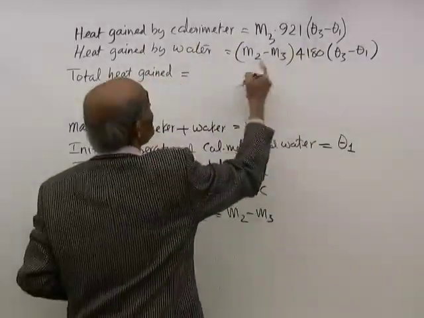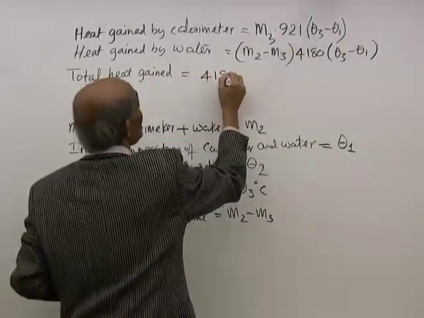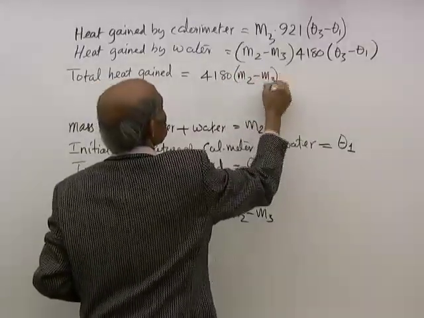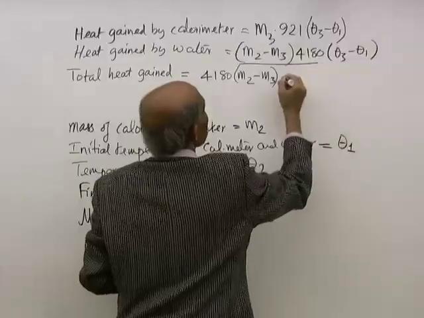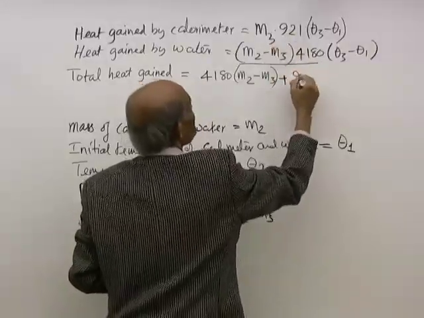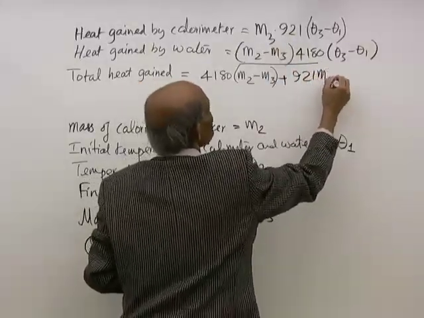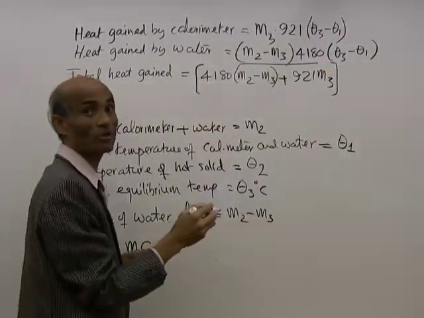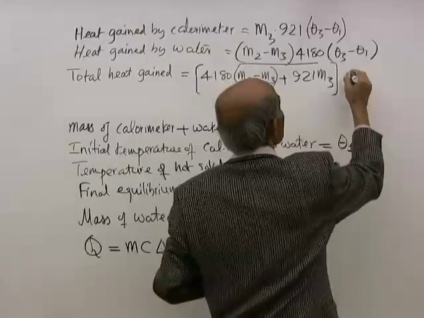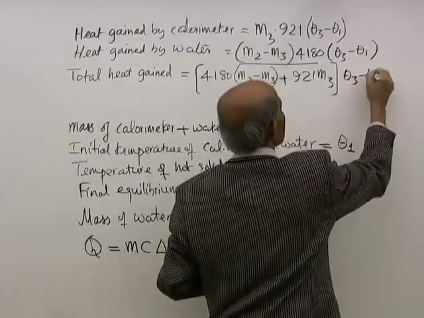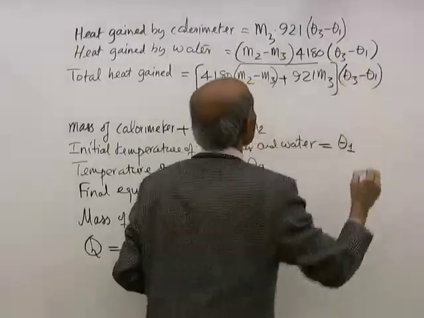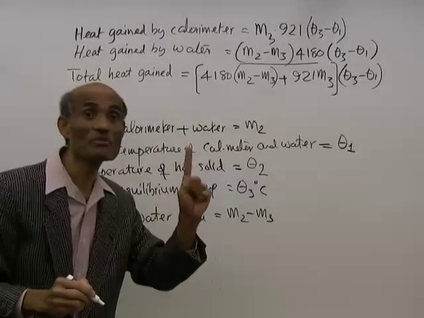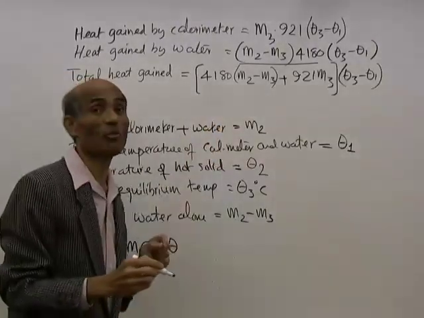That will give me 4180 times (M2 minus M3), that is this quantity, plus 921 M3, and multiply that quantity by the change in temperature, theta 3 minus theta 1. That is the total amount of heat gained by calorimeter and water.